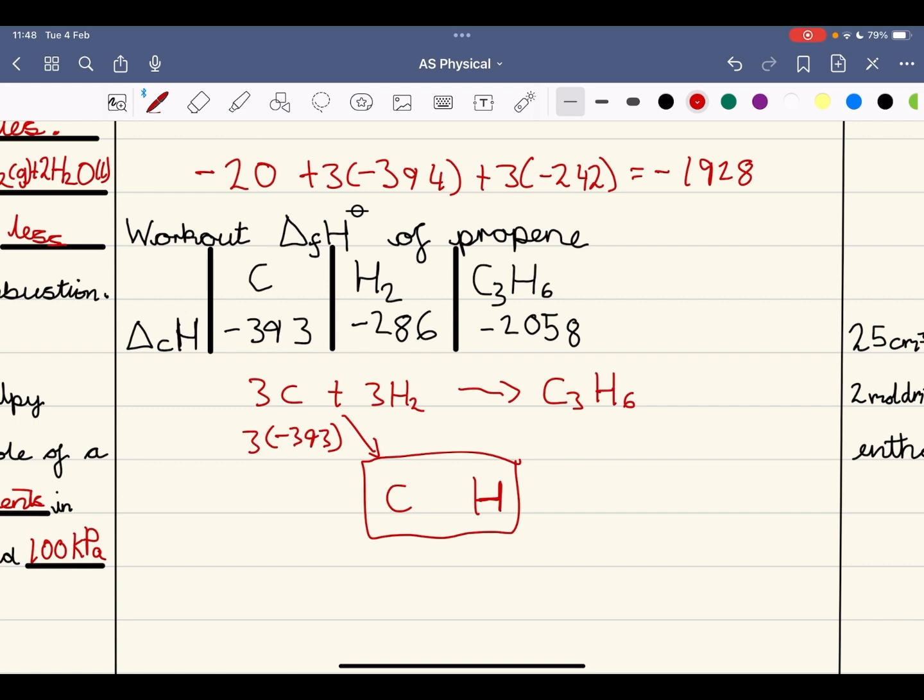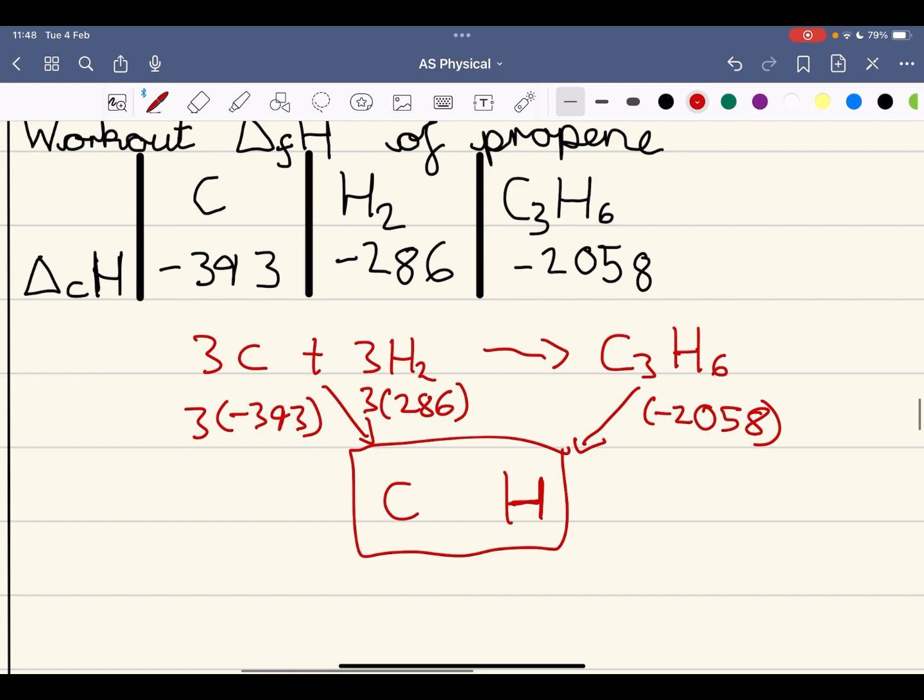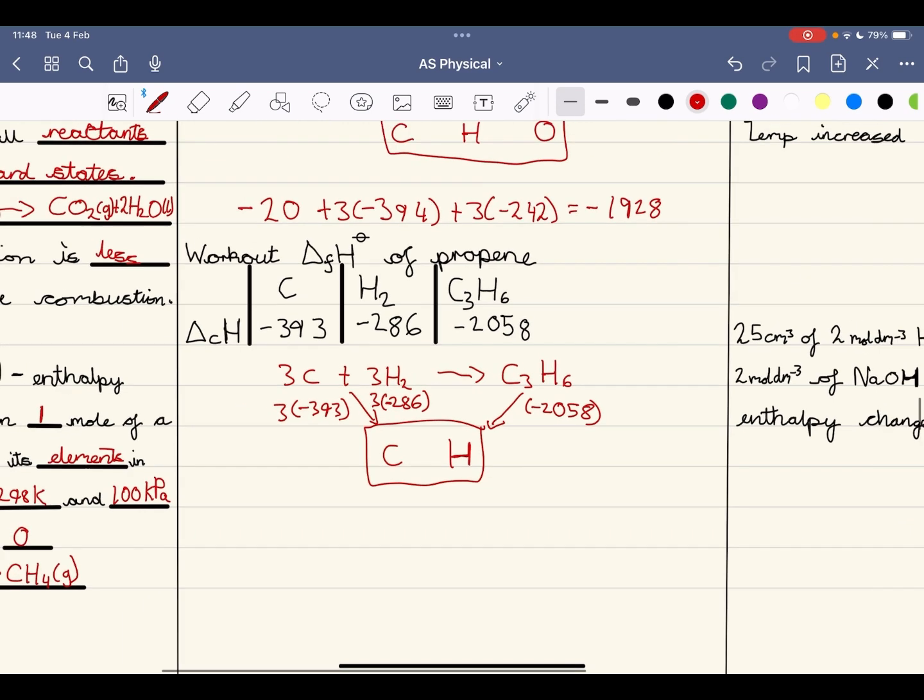And then when we combust hydrogen, we give out 286 joules of energy, and we do this 3 times as well. And then propene, when we combust it, we give out minus 2058 joules of energy. Oh, sorry, I forgot a negative sign over here as well.